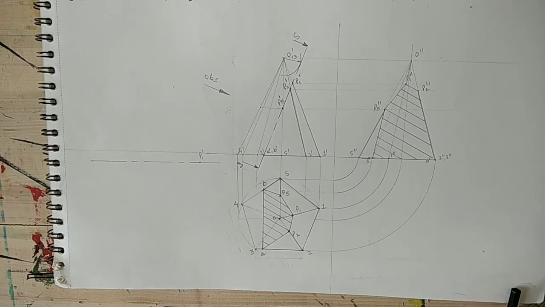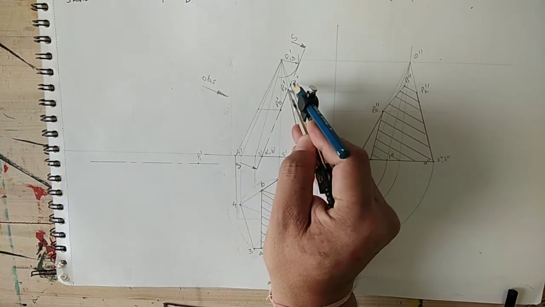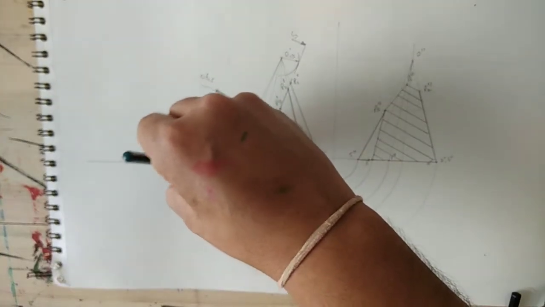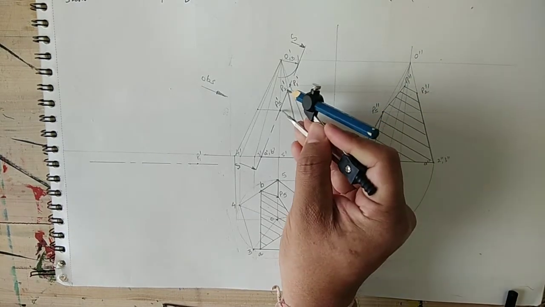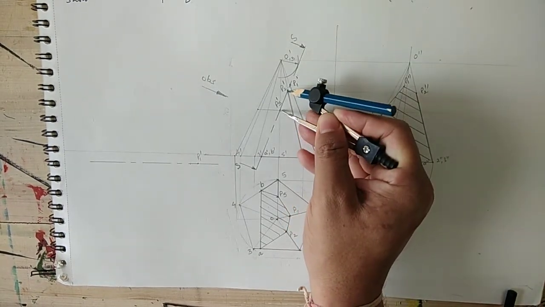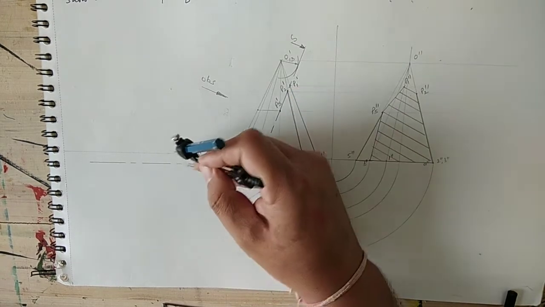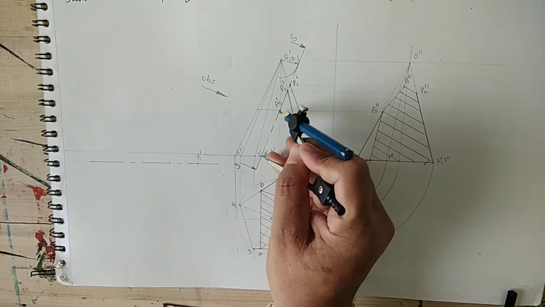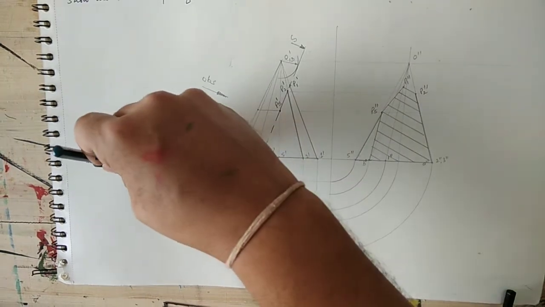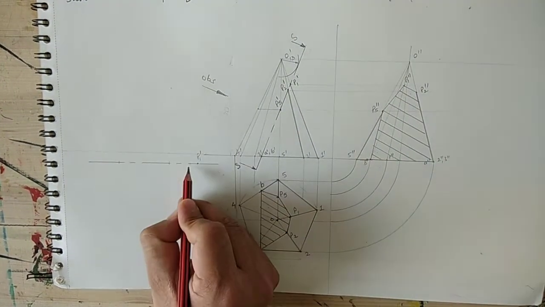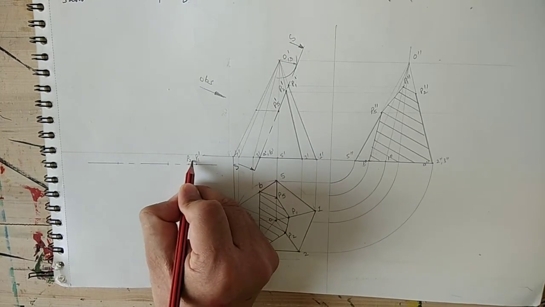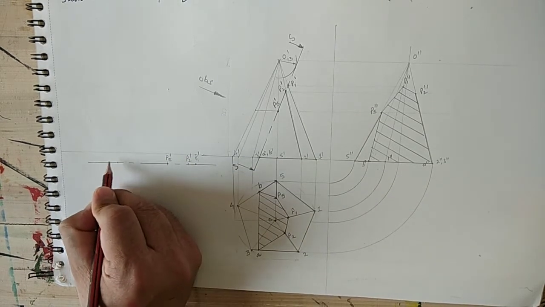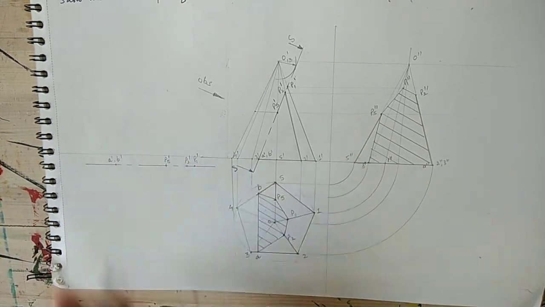Then measure between P2 and 1 and mark over the line, then P2 and P5, then A and 5. Then give naming. This is P2 dash, this is P5 dash, this is A dash and B dash.